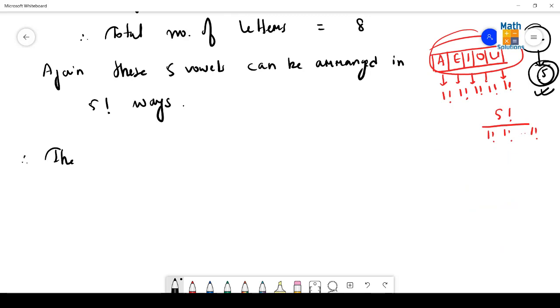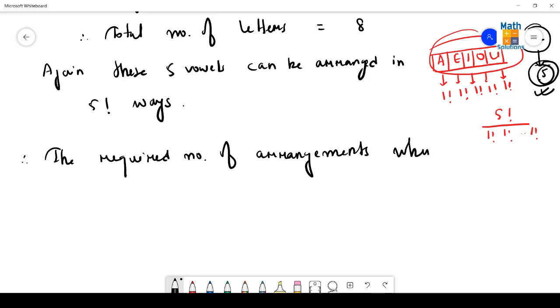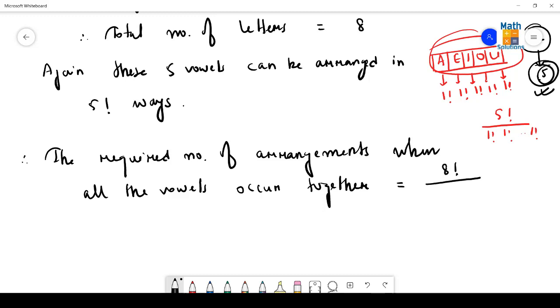Therefore, the required number of arrangements when all the vowels occur together will be equal to, I shall have to write here 8 factorial, because that is the total number of letters left, including these 5 vowels as 1 letter.